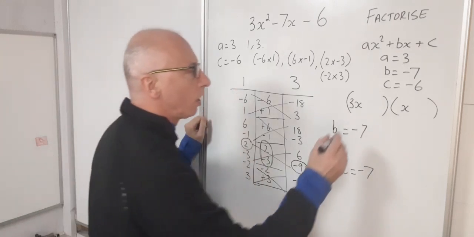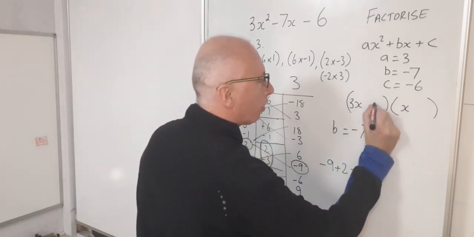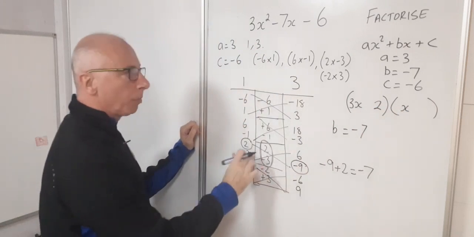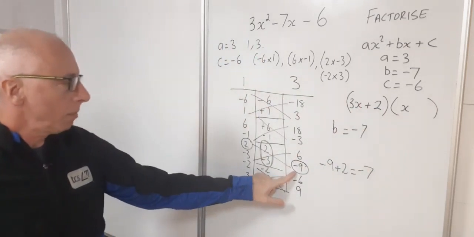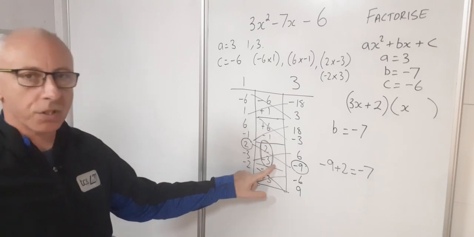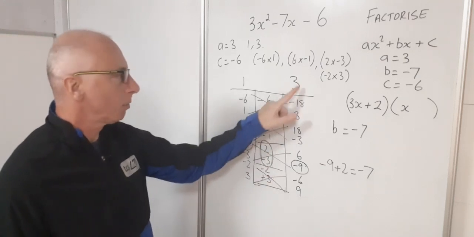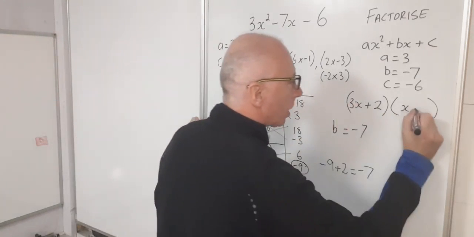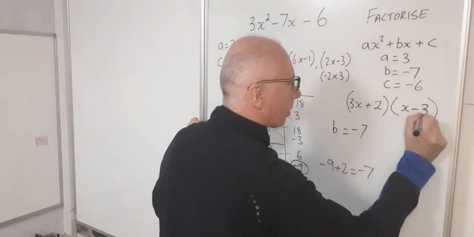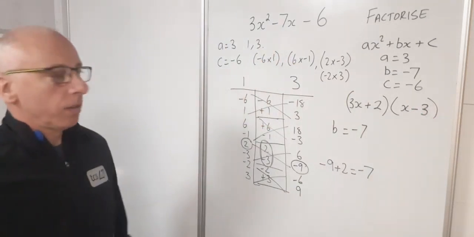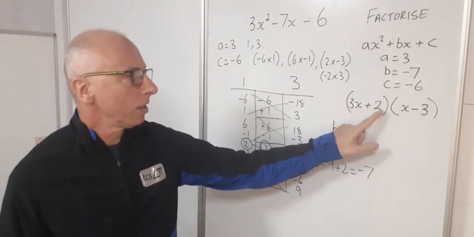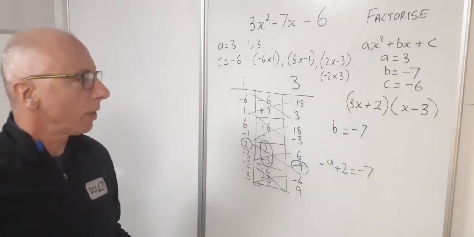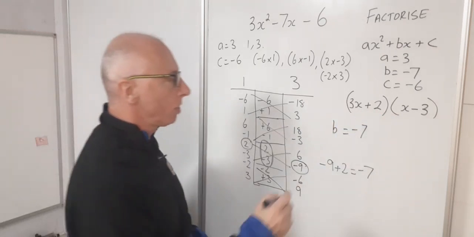So therefore, if we're going to multiply that with the 2, we can put the 2 there. And we notice it's a plus 2. And here we've got the minus 9, which is with the 3. So the minus 3 we need to multiply by the 3, so it goes in here. So that's what we've got there. So you'll see here minus 3 times 3x gives me minus 9x, and 2x gives me positive 2x. So that is our result.